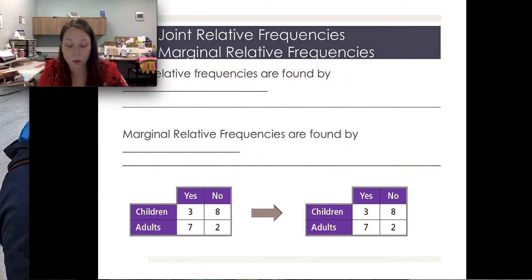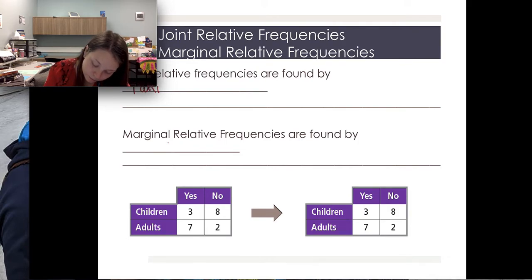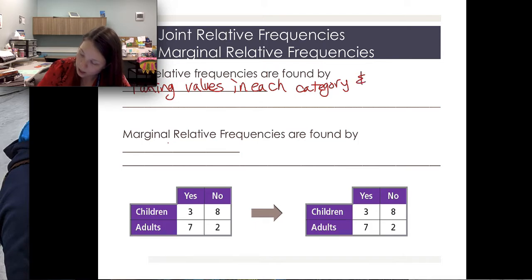So joint relative frequencies and marginal relative frequencies, these are two things that we're going to define and then apply to this broccoli example. Joint relative frequencies are found by taking values in each category and dividing by the total number of values.